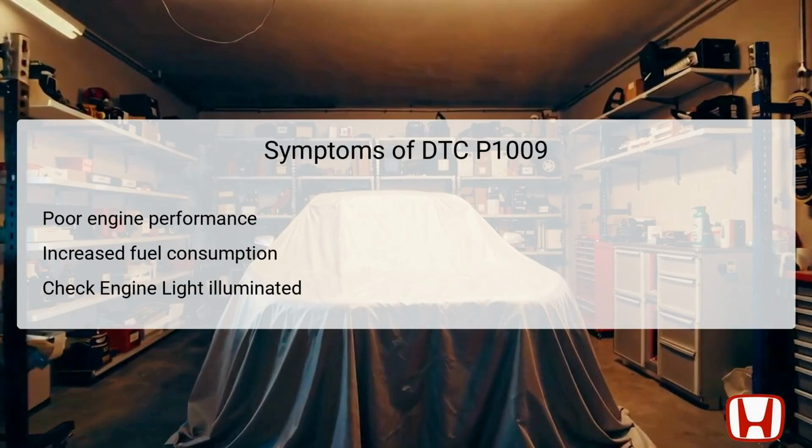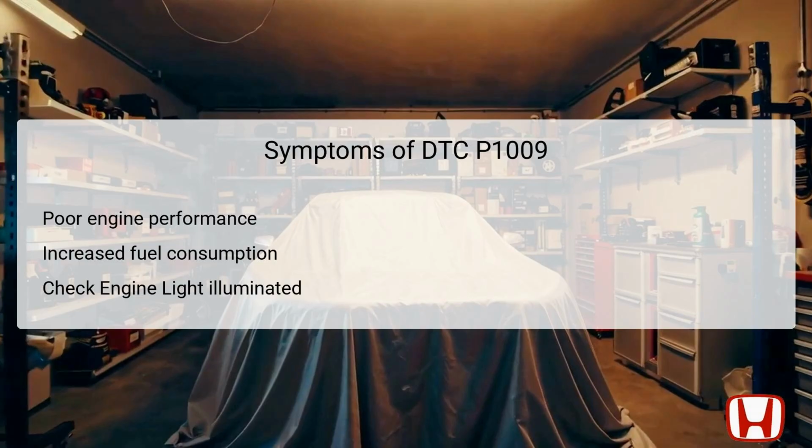Drivers may also experience increased fuel consumption as the engine struggles to perform efficiently due to improper camshaft timing. Another clear indicator of this error is when the check engine light illuminates on the dashboard, alerting the driver that the PCM has detected a malfunction. These symptoms not only detract from driving comfort, but also suggest that addressing the issue is crucial to prevent further engine complications.